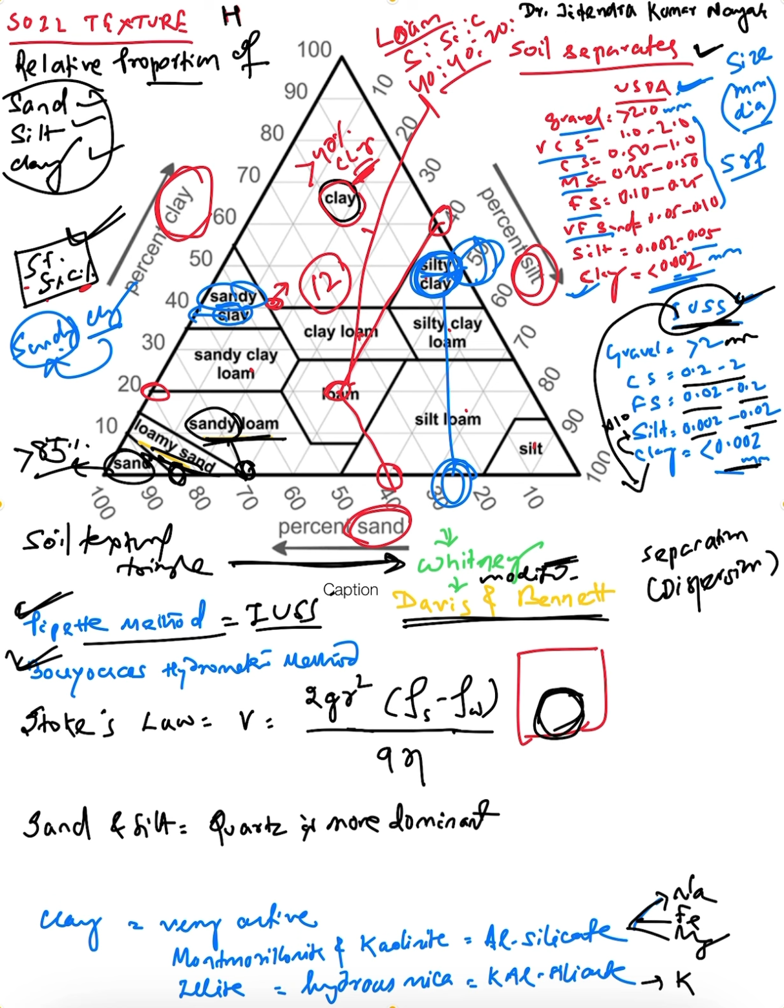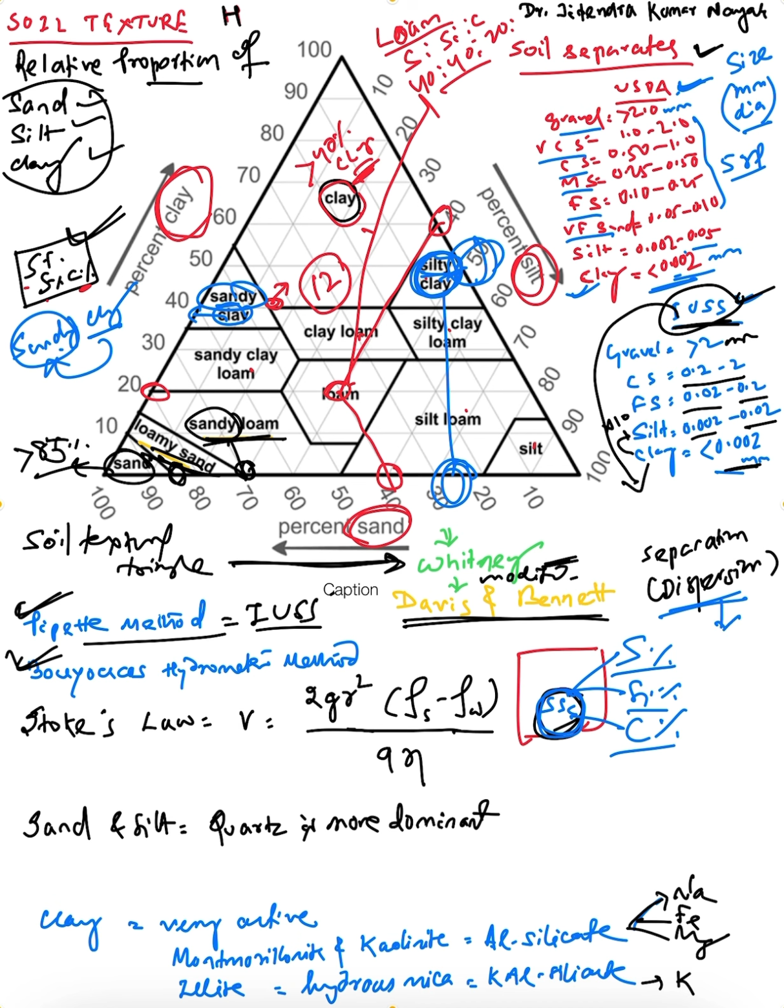Inside the soil, sand, silt and clay are all present in united form. So dispersion means first you should separate the sand particles, the silt particles and the clay particles. Only then can we calculate the percentage. So dispersion means separation of the soil particles: sand, silt, clay.